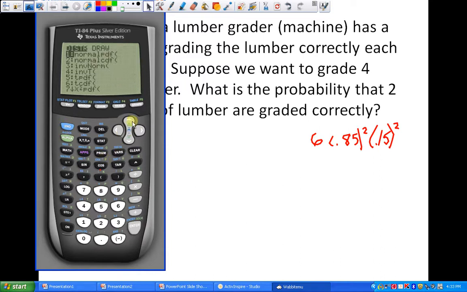So let's try this. Go back, we have 4 trials this time. This is getting 0 successes. Again, it's just doing that formula that we just learned, the binomial distribution formula. Paste that. I'll do plus. I'll go in and do 1. This is the probability of getting exactly 1 success.